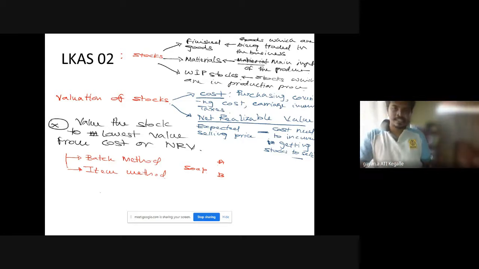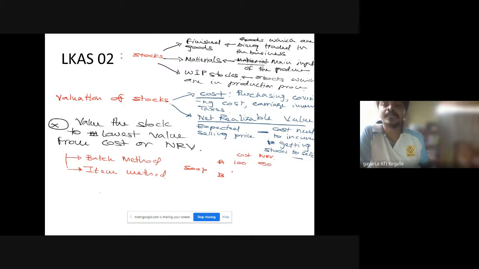Now let's say cost and net realizable value. Cost of A is 100, net realizable value 90.